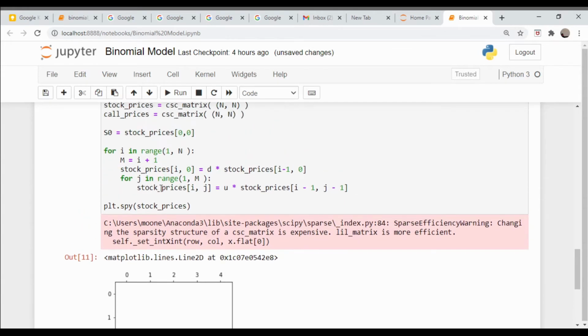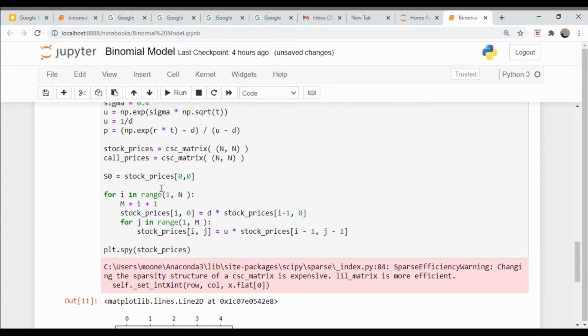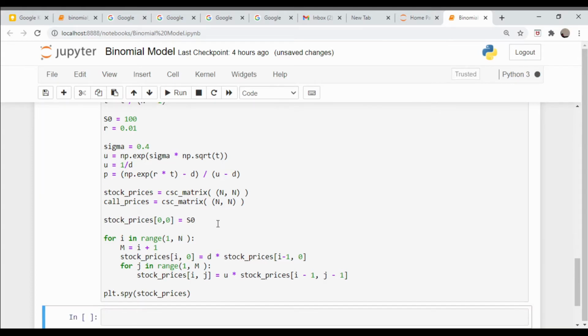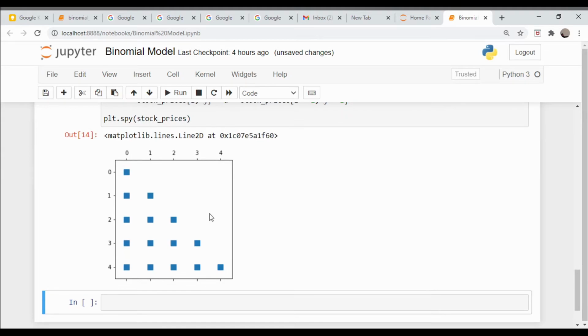So let me see if I can figure out where the problem is here. Oh, I think I see where the issue is. I think when I set this, I essentially reset the stock prices to 0. So let me set this equal to S0 and delete this out here. That should do it. That looks better.